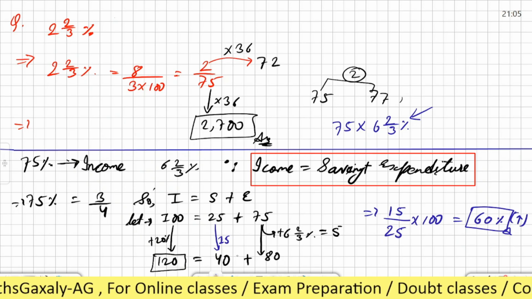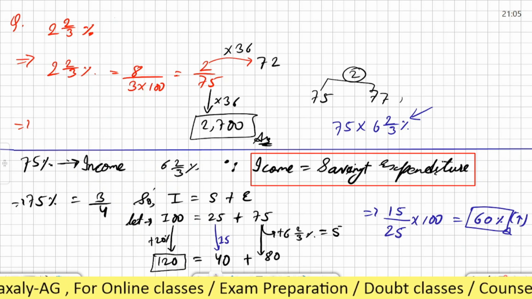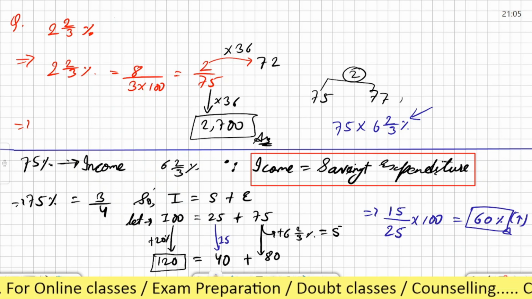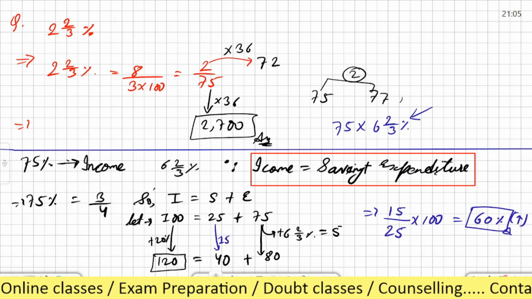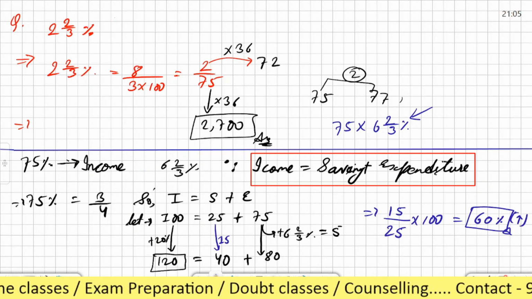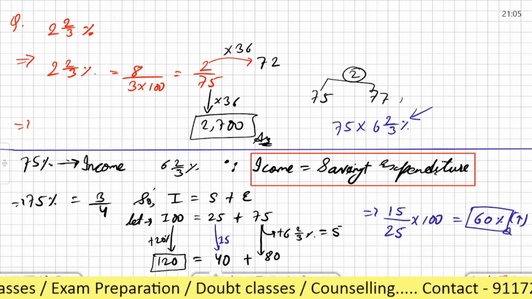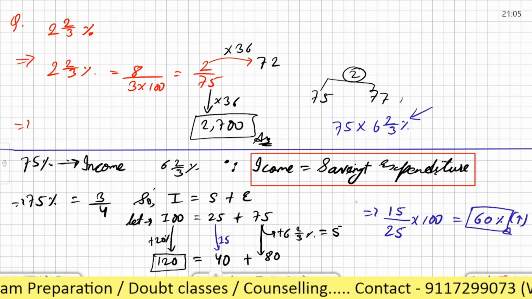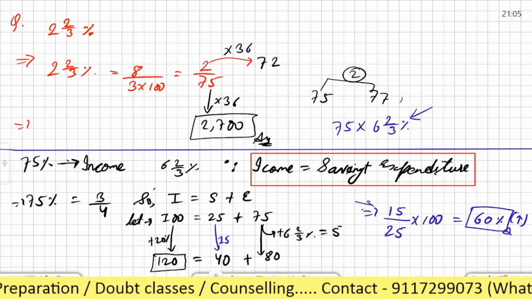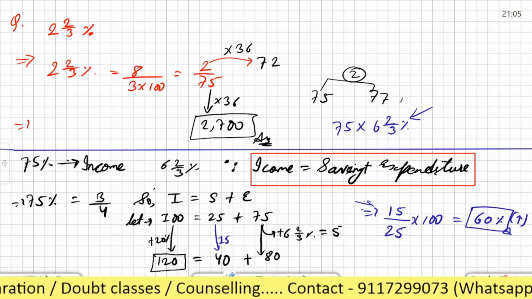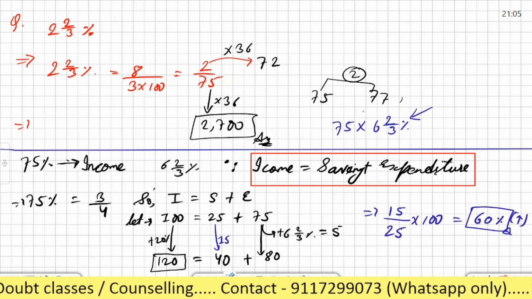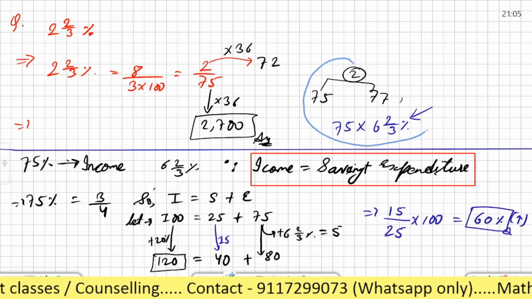For saving, write in any corner: saving is 120 minus 80 equals 40. Then increment equals 40 minus 25 equals 15. Then the required percentage will follow. Is it clear? Or any doubt? No, sir. Okay.